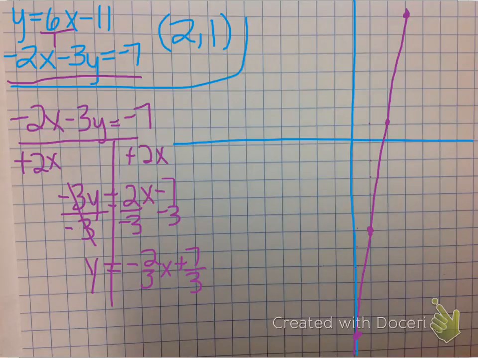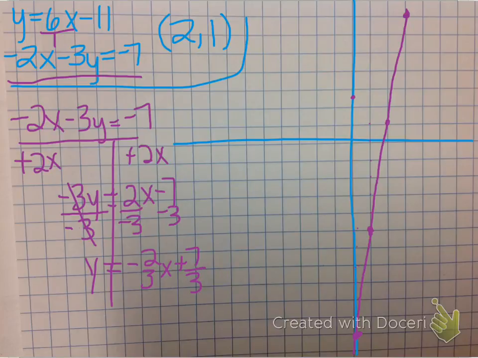Okay, now that we have our line, we can go ahead and graph. First I need to do my y-intercept. 7/3 is about 2.5. So I'm going to go 1, 2.5, and plot my point right there.